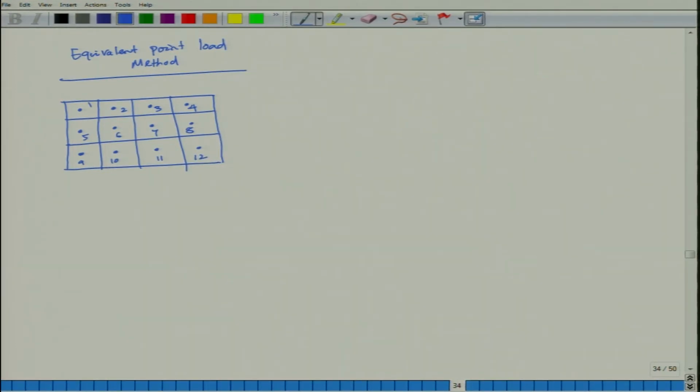So, divide the loaded area into small areas. Why is it called equivalent point load? This is a loaded area, rectangular shape, B by L. So, the first principle is to divide the loaded area into small areas.